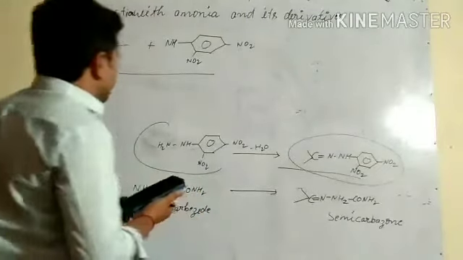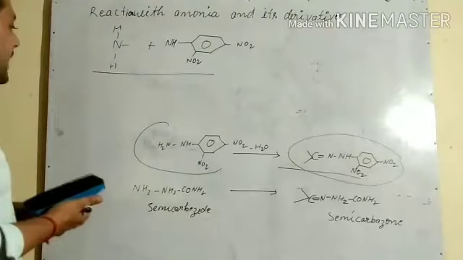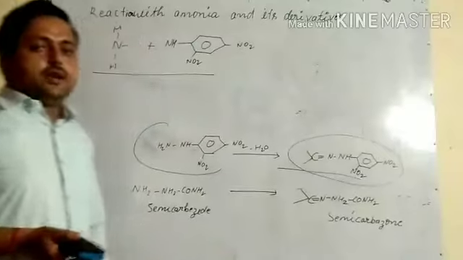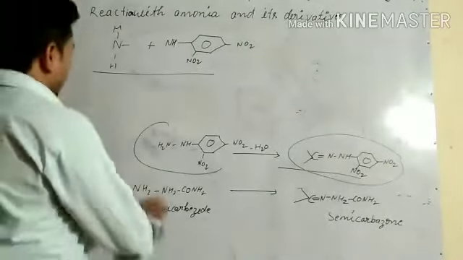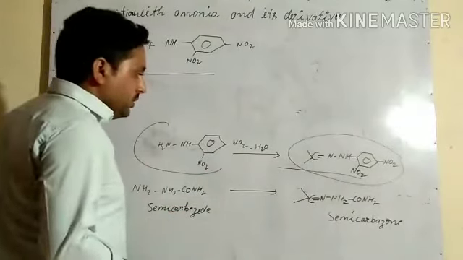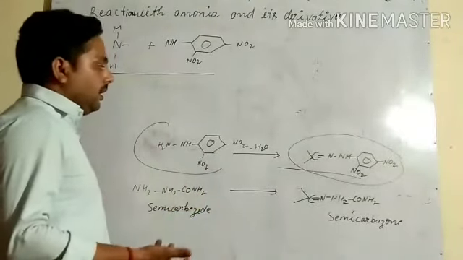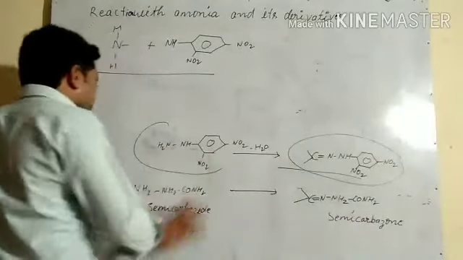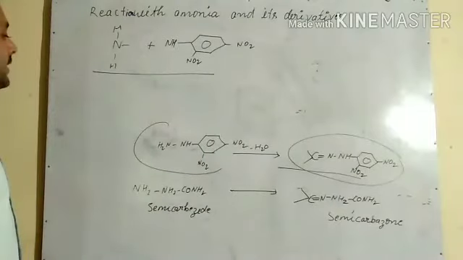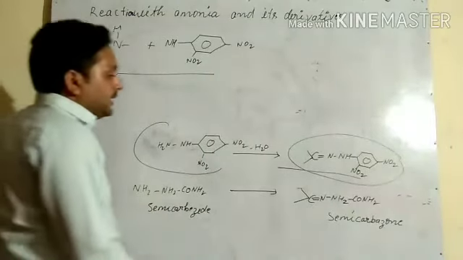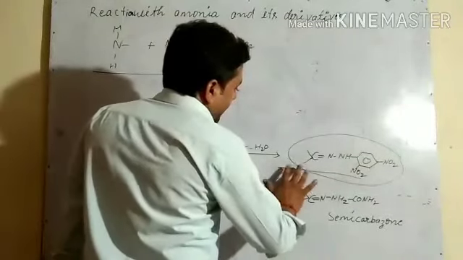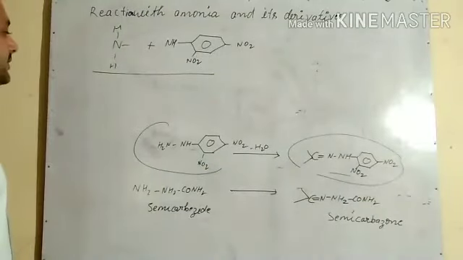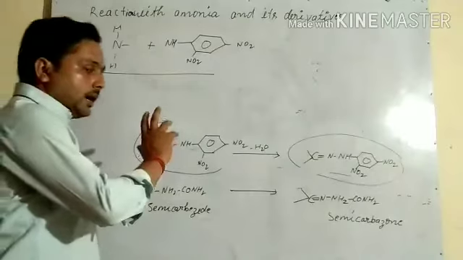This reaction with 2,4 dinitrophenyl hydrazine is used to find the functional group of aldehyde and ketone. Aldehyde and ketones react with 2,4 dinitrophenyl hydrazine to form violet color crystalline substance. So this reaction is used to detect the carbonyl functional group.